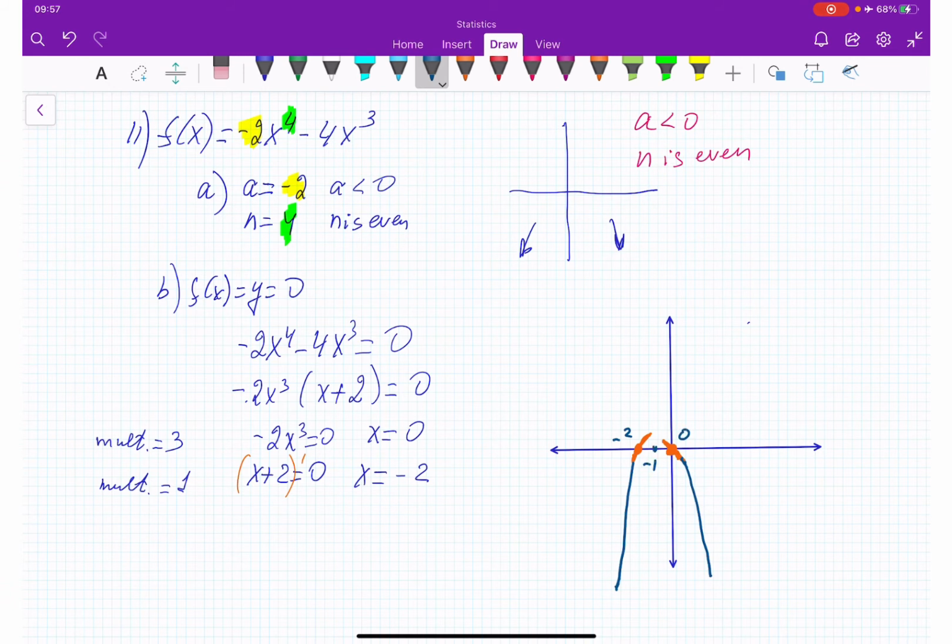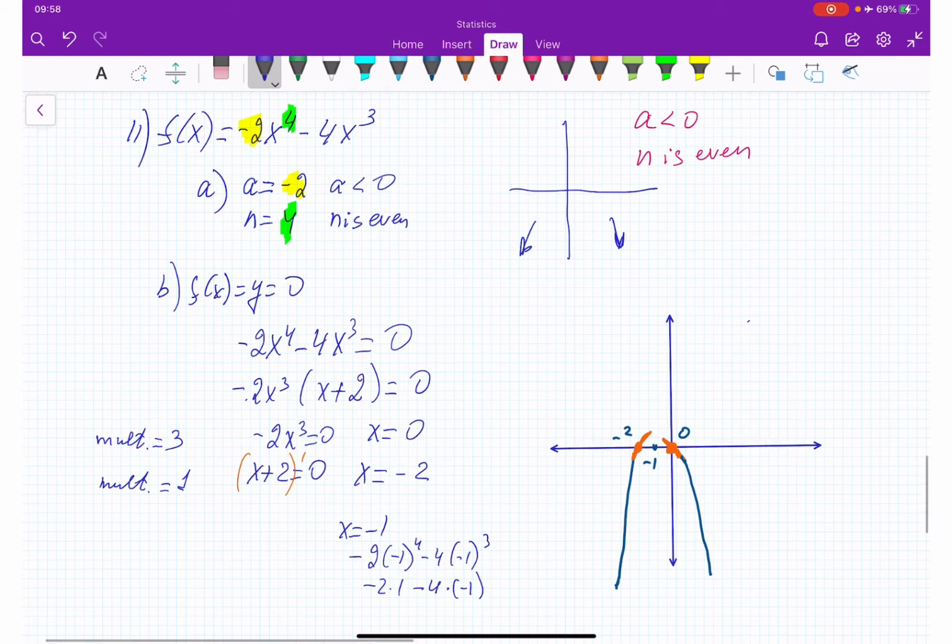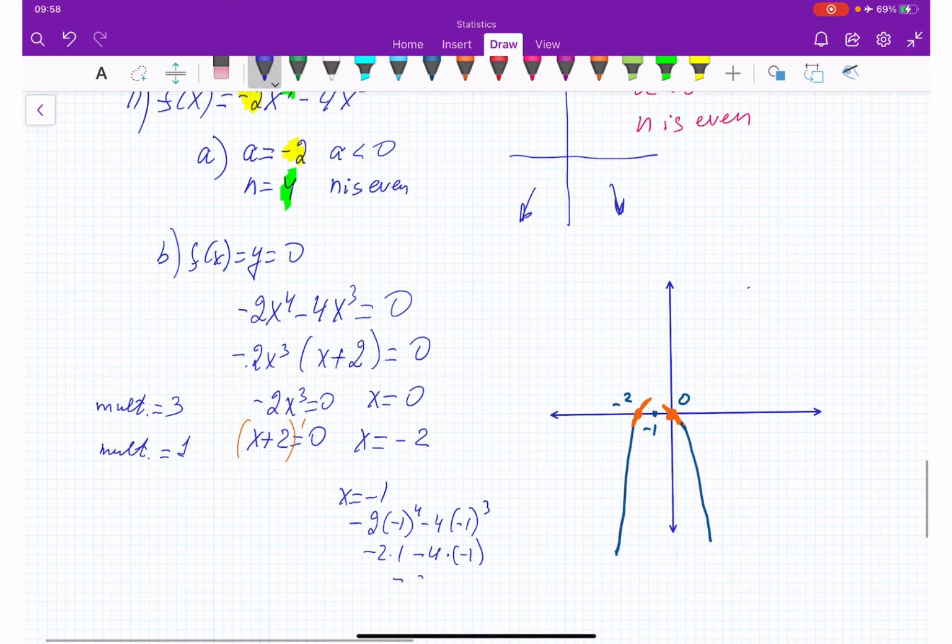So if I plug in x equal negative 1, what do we get? Negative 2 times negative 1 to power 4 minus 4 times negative 1 to power 3. It's going to be negative 2 times 1 minus 4 times negative 1, which means negative 2 plus 4, it's going to be positive 2.